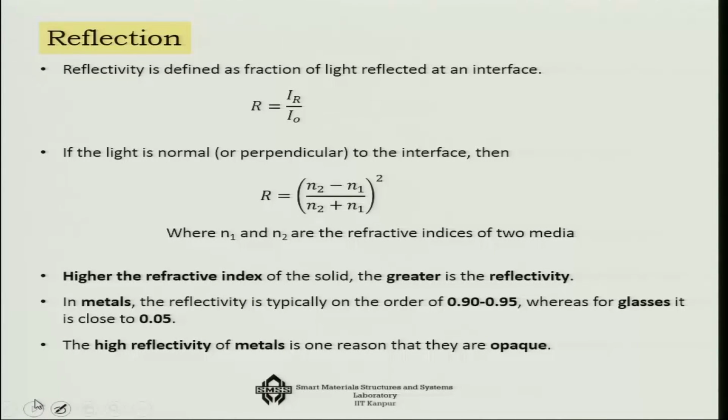Reflectivity is defined as the fraction of light that is reflected at an interface. So, it is a ratio of IR over I0. This we have also discussed when we have discussed about the metals.